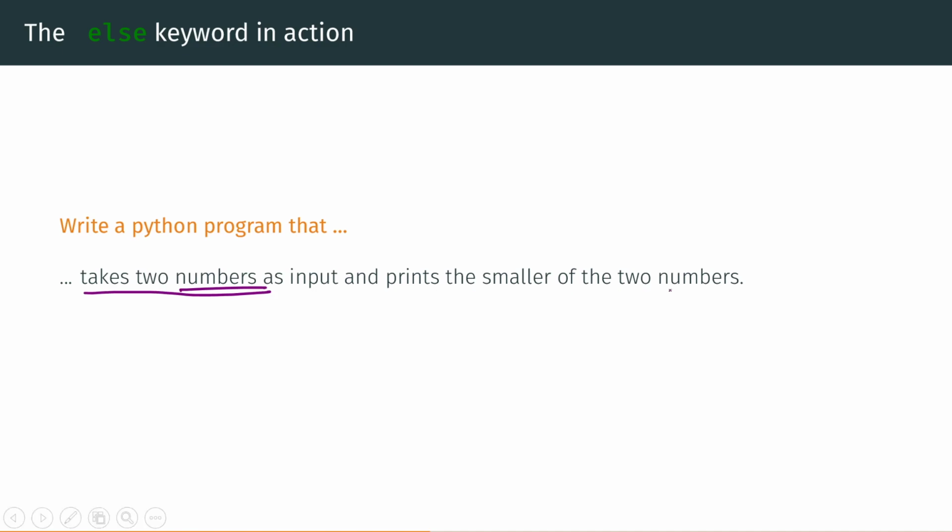That's it. Simple, right? Before we actually start coding, let's see how the flow of execution of this program would look. We will start with the first statement, which will be a equals int input.